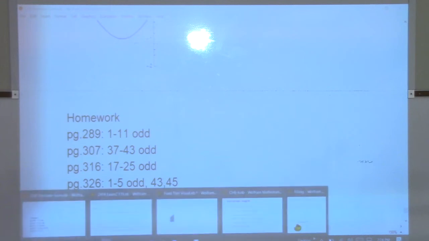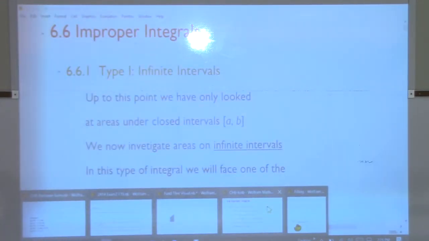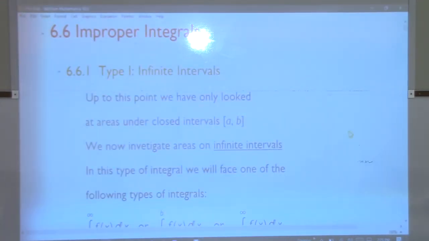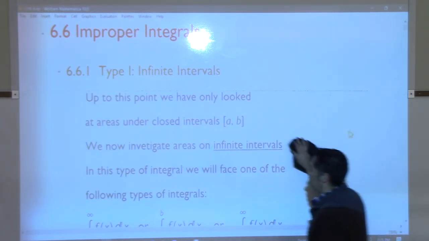All right, that leads us to the last section that will be on the test. And that's 6.6, which is called improper integrals.